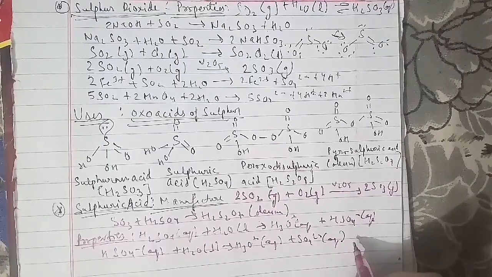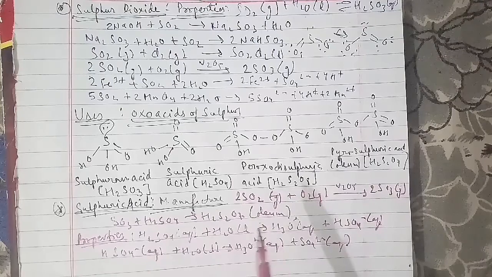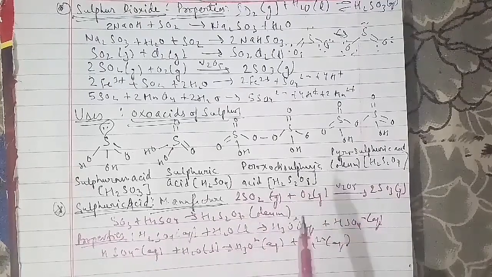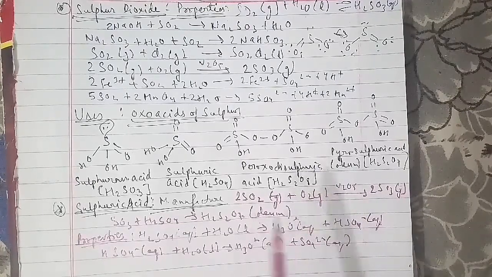The acid forms two series of salts: normal sulfates such as sodium sulfate and copper sulfate, and acid sulfates such as sodium hydrogen sulfate. Because of its low volatility, sulfuric acid can be used to manufacture more volatile acids from the corresponding salts.